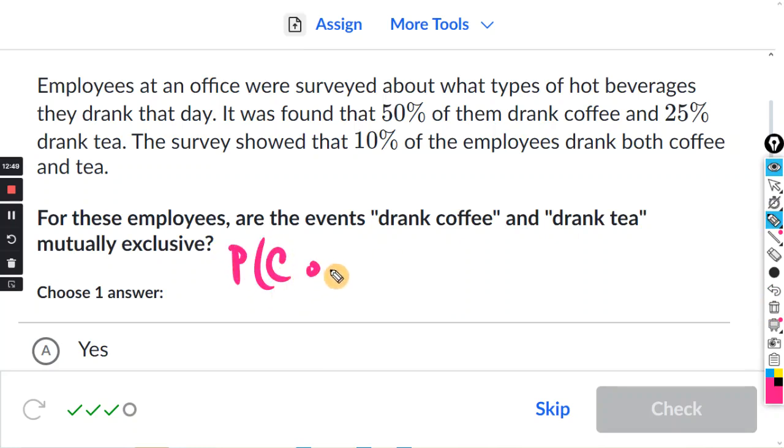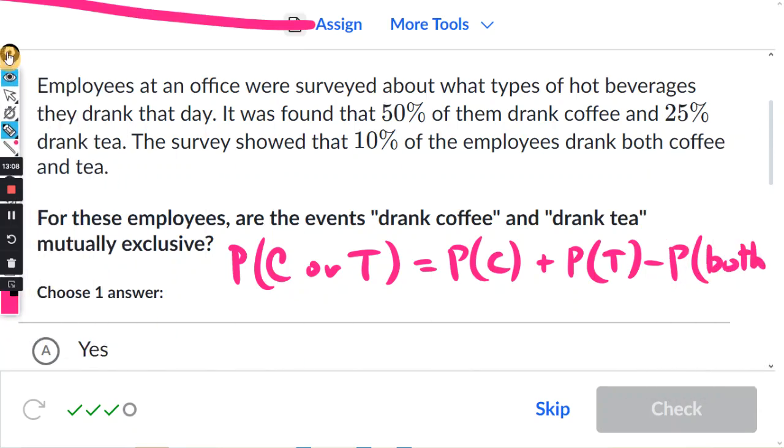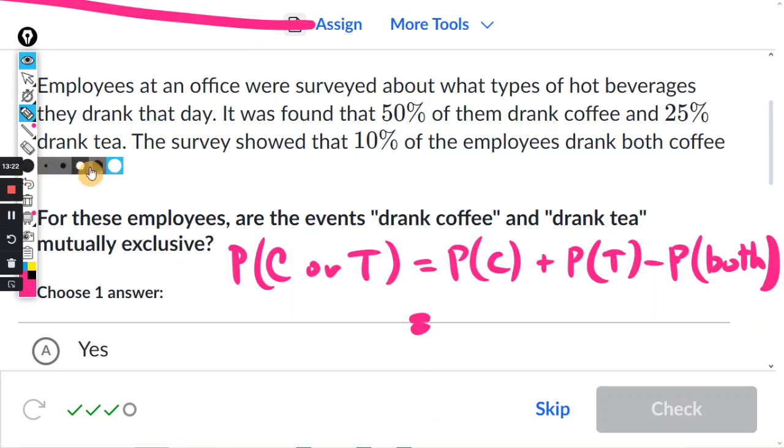Probability of coffee or tea. It's going to be the probability of coffee plus the probability of tea minus the probability of both, in other words, T and C, same thing. Well, how many drank coffee? 50% drank coffee.